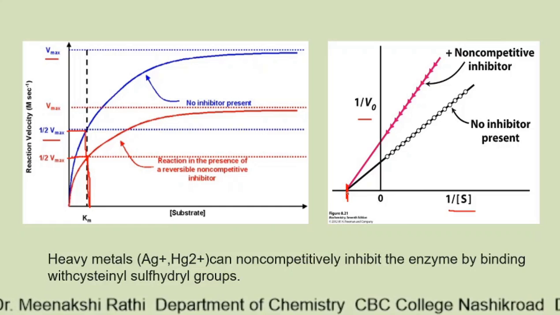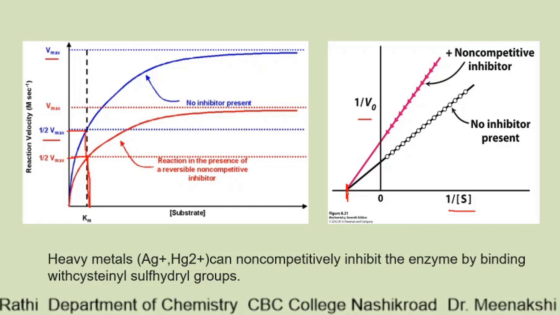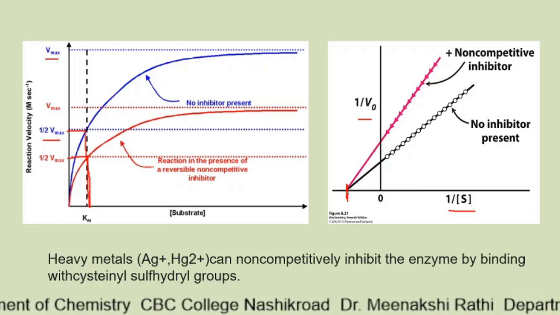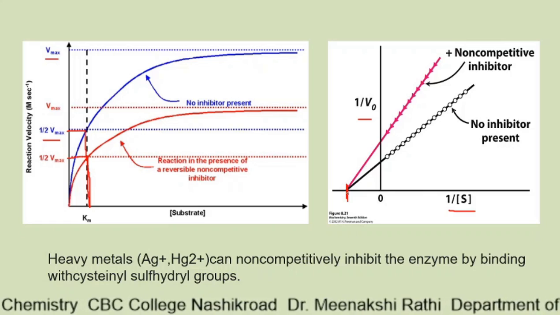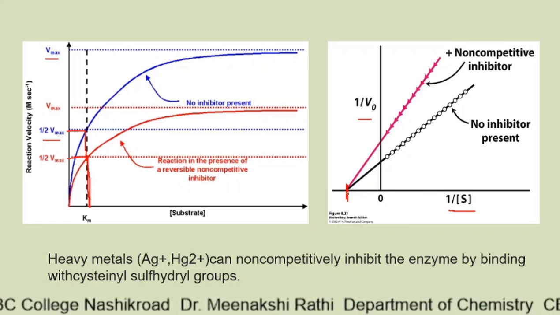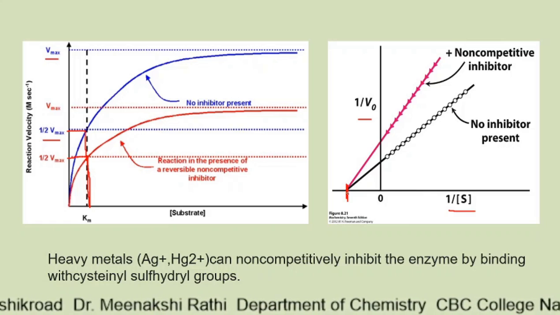Some examples of non-competitive inhibitors are heavy metals like Ag+, Pb2+, which can non-competitively inhibit the enzyme by binding with cysteine sulfhydryl groups.